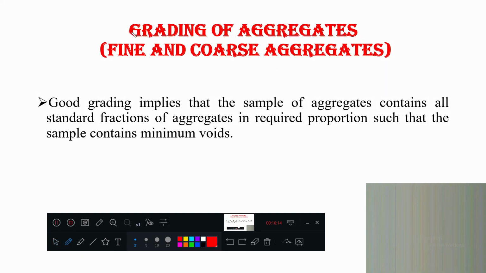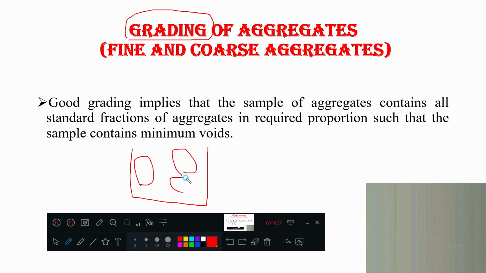So what grading are we going to discuss? What do you mean by grading? In the previous part I have explained that if a given sample contains almost all sizes of particles, and voids are less, then it is called good grading.